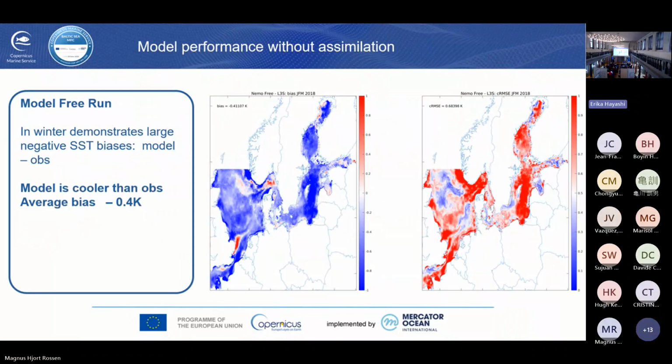Why do we need to assimilate anything at all? It's because the models, when they run freely, obviously have errors, which have to be corrected. For example, the Baltic Sea model that we have exhibits a negative bias in SST in winter, which means that the model is cooler than the observations.